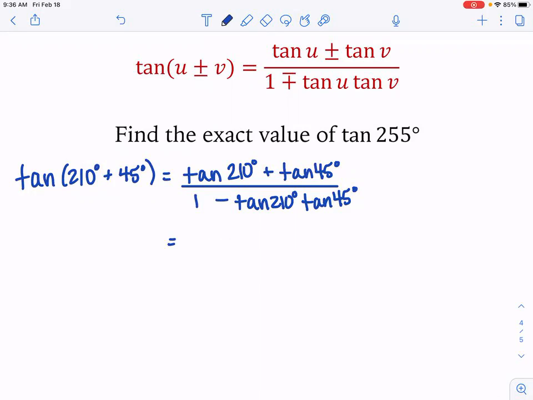What is it? It's going to be positive because it's in the third quadrant. Radical 3 over 3. And the tangent of 45 is 1.